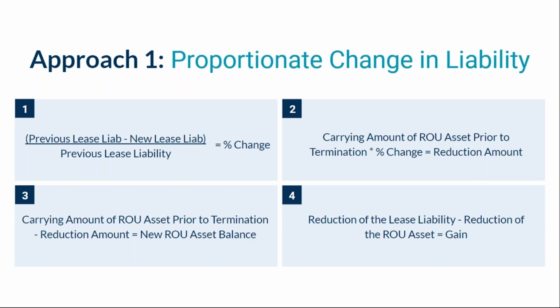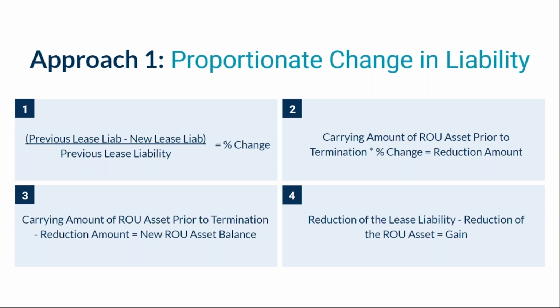Then calculate the corresponding reduction in the right of use asset by multiplying the right of use asset balance directly before the remeasurement by the percentage change that you calculated from the lease liability. You now have the lease liability reduction amount and the right of use asset reduction amount. As with a full termination, any difference between these two is a gain or loss recognized on the income statement.